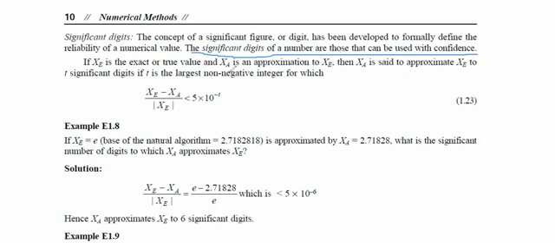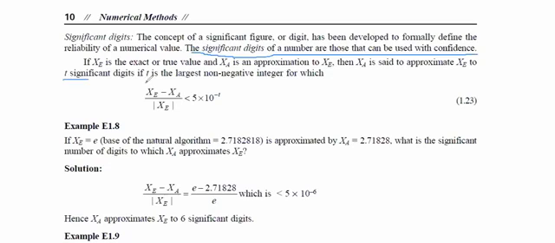Then xa is said to approximate xe to t significant digits. This is important: t significant digits.